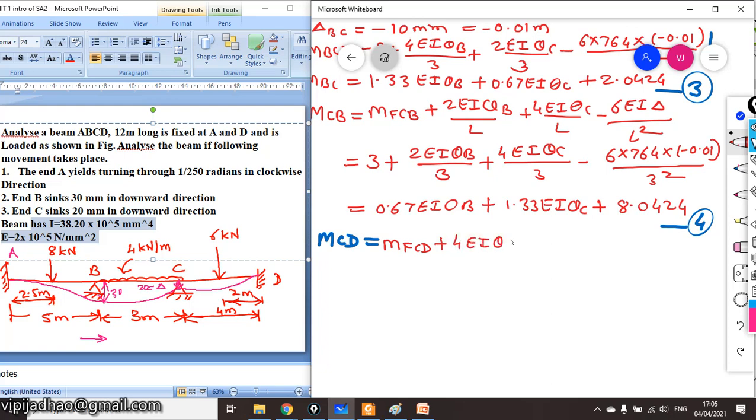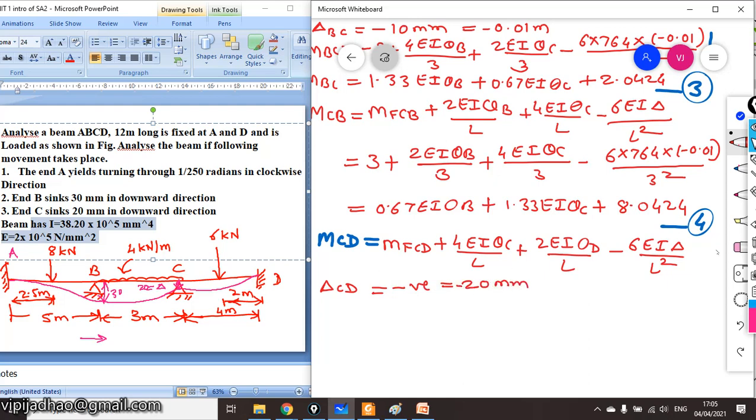plus 4EI theta at C divided by L plus twice EI theta at D upon L minus 6EI delta upon L square. Now for CD, this delta CD will be negative, minus 20 mm.